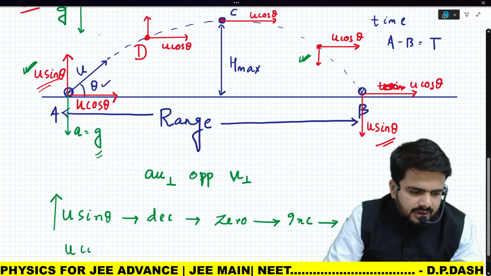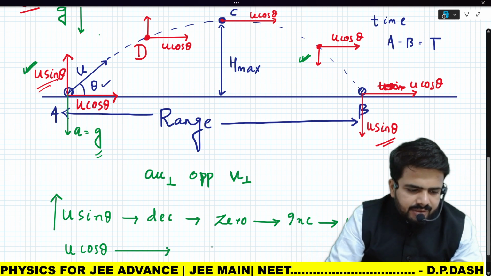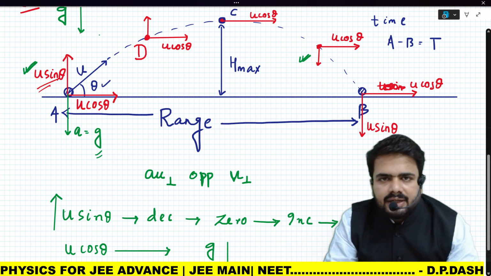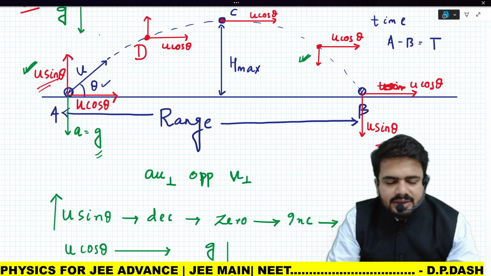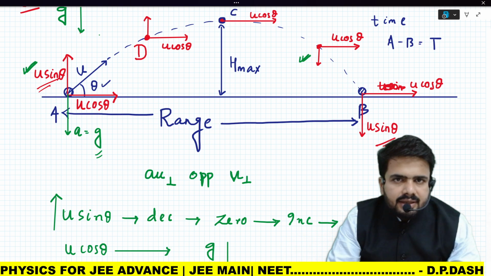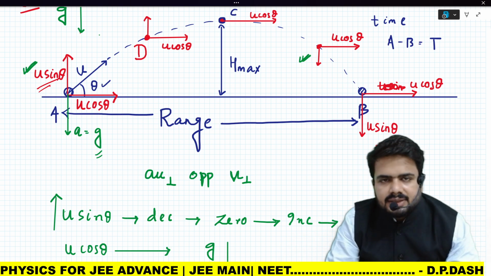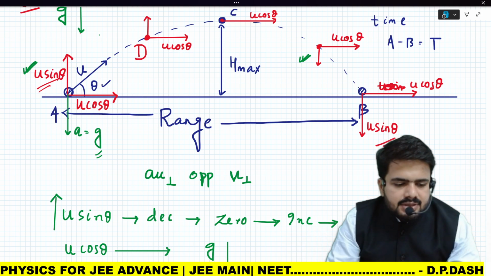Whereas u cos theta is acting in the horizontal direction and the acceleration due to gravity is acting in the downward direction, so this velocity is not affected by the vertical gravitational acceleration. Clear? And there is no such acceleration here in the horizontal direction.